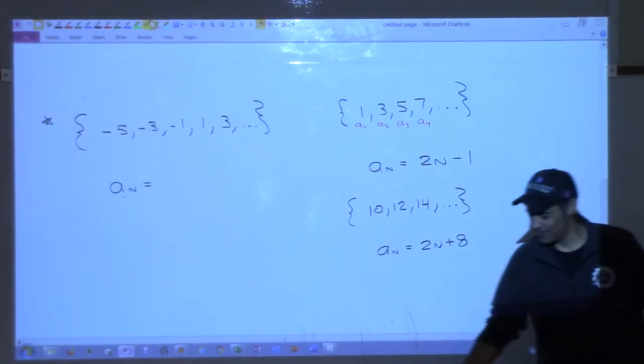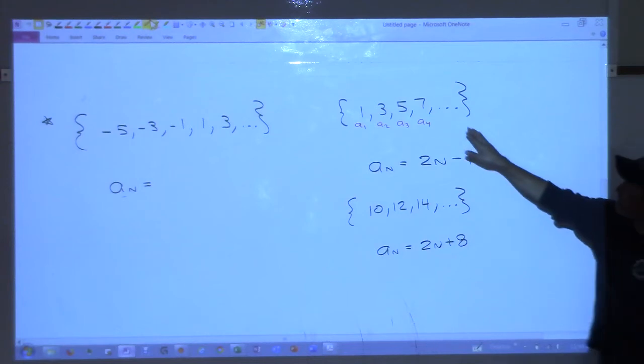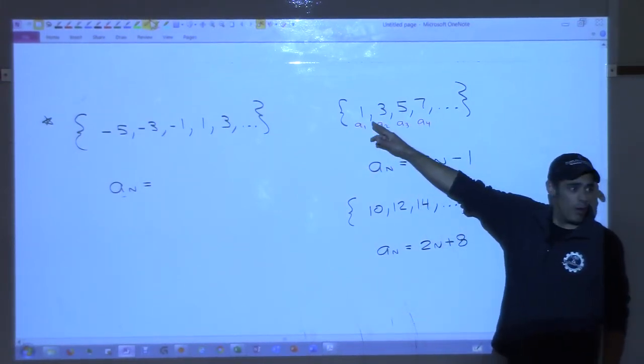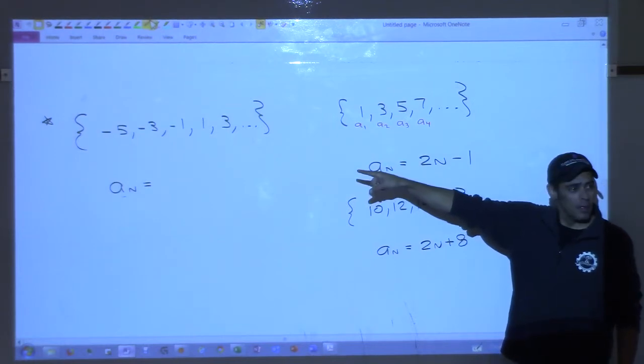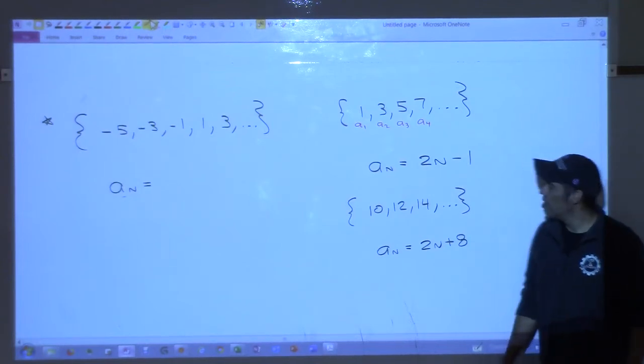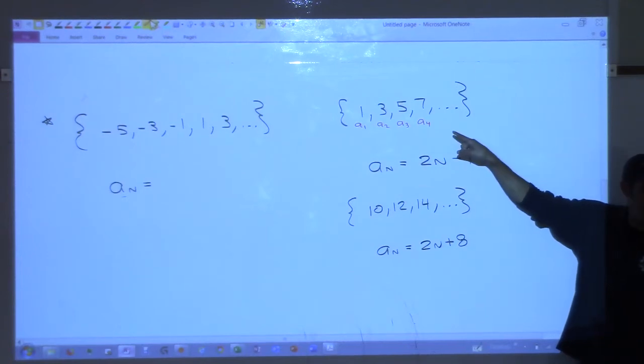Heidi. Oh, yes. Well, I know it's like the 2n minus 1, but I don't know how to get to the negative. Okay, so it's like this list, because those are odds. But you don't want to start at 1, you want to start at close. 2n minus 1 gives you that, right?